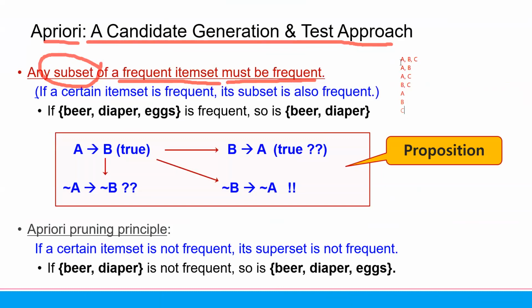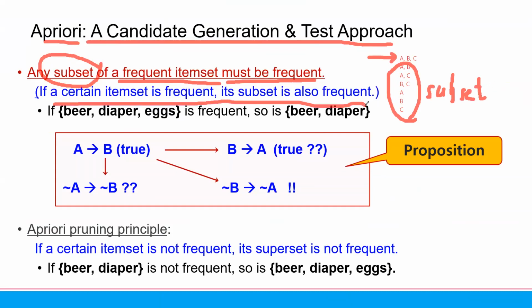So all subsets are also frequent. If a certain item set is frequent, its subset is also frequent. So if beer, diaper, X is frequent, then the subsets, beer and diaper, are frequent.